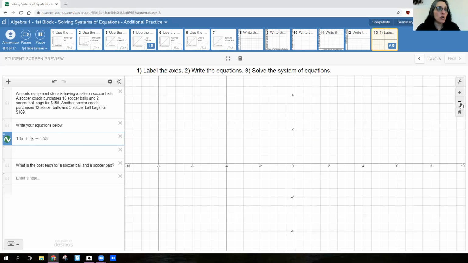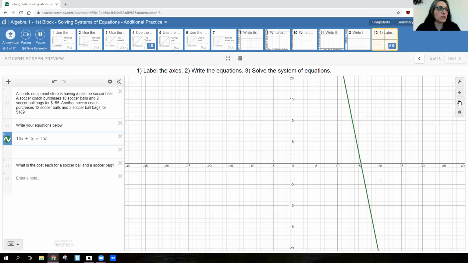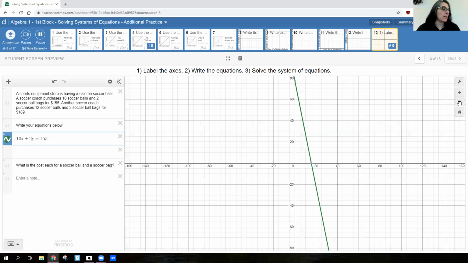And that does not even show up on my screen, so we have to hit the minus sign here and zoom out till it shows up. There we go. Underneath it, another soccer coach does 12 soccer balls, so 12X plus 3 soccer ball bags, so 3Y, and that equals what he spent, $189.